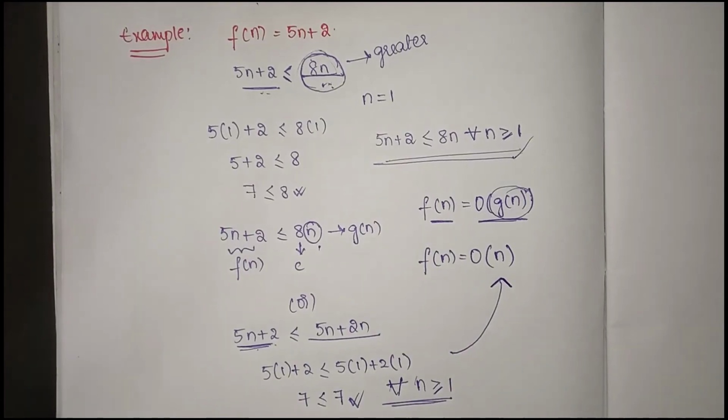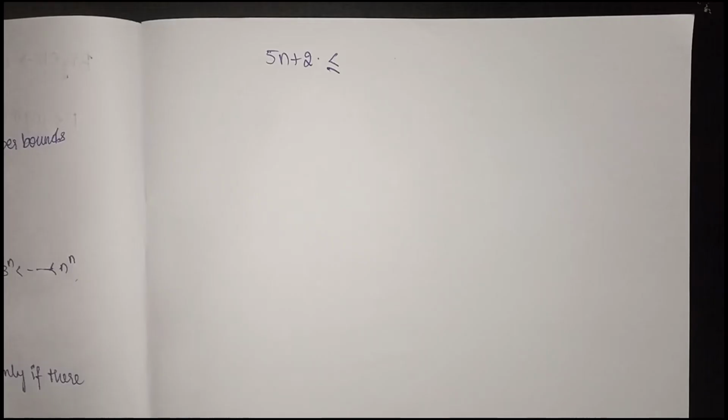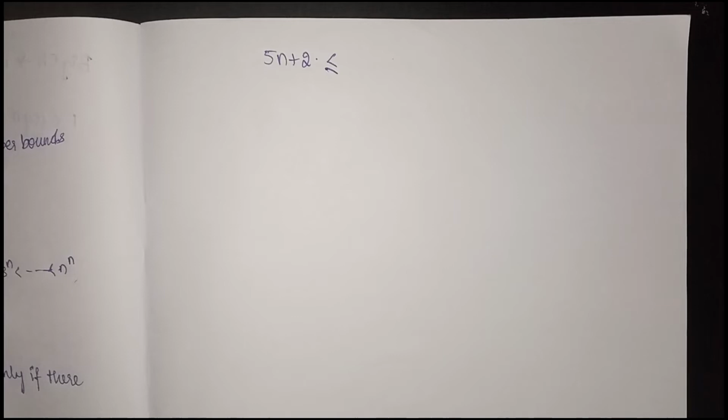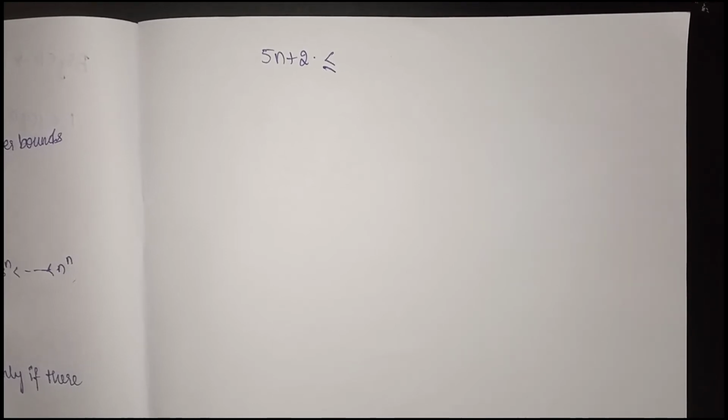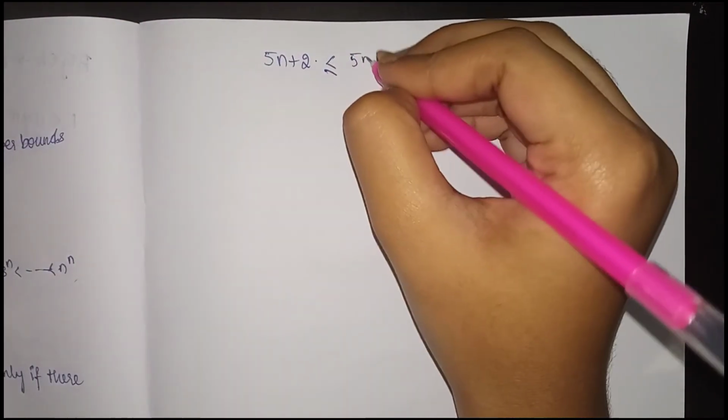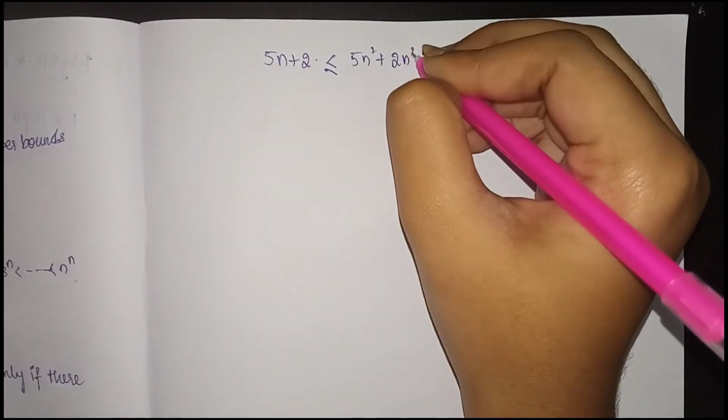I'll explain with some other example now. Now I can even show that 5n plus 2 is less than 5n square plus 2n square.